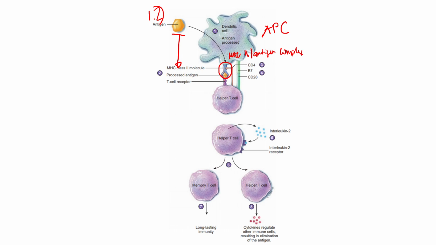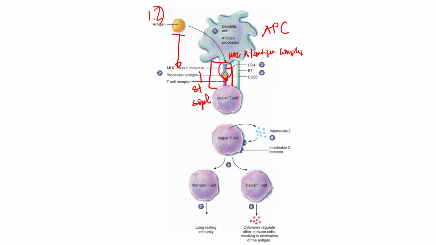It will now be attached to the T cell receptor present on our helper T cell. Now, to verify, the helper T cell will attach CD4 to MHC class II, and this is the first signal.